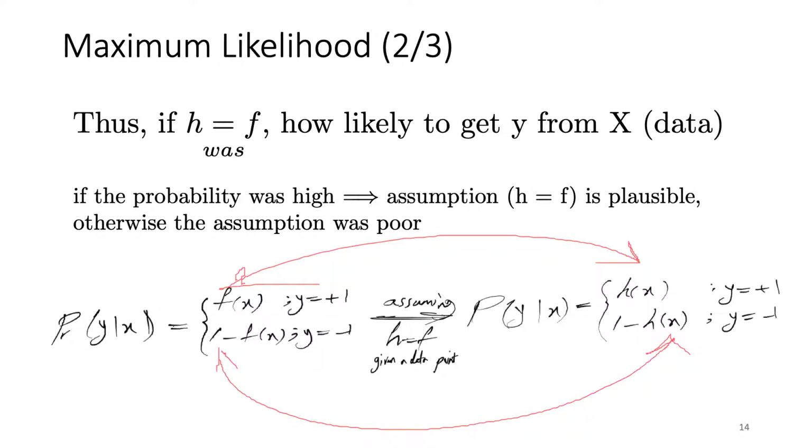Yes, assuming that our hypothesis was able to mimic the F, how likely is it to get those true labels from the data that we have?